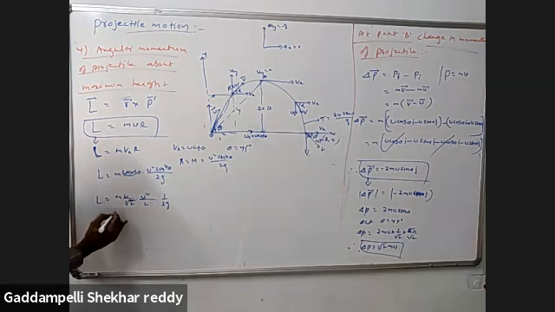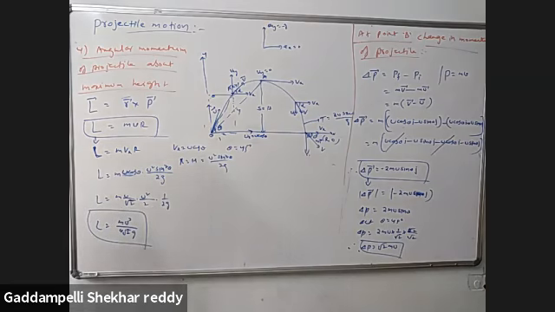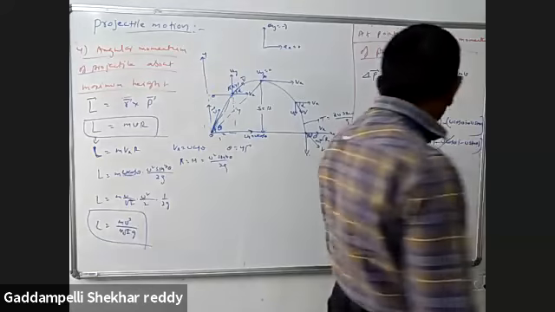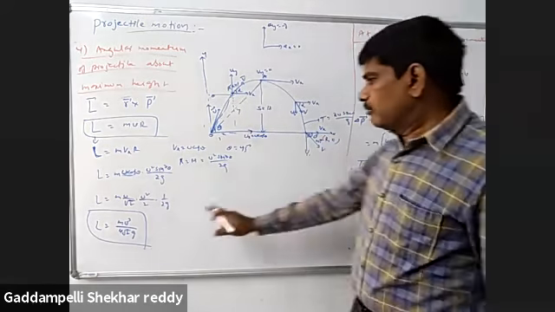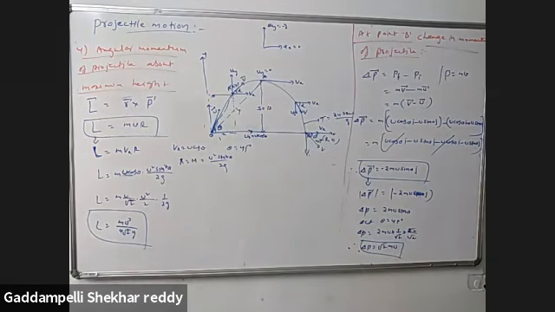So that means L is equal to mu cubed by 4 root 2 g. This is the angular momentum of the projectile about maximum height.